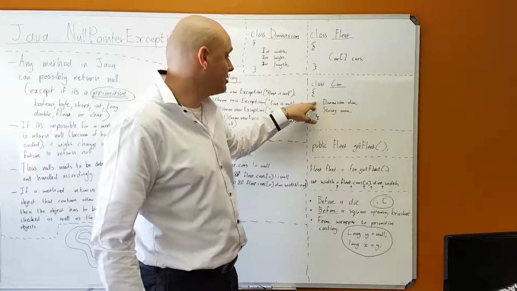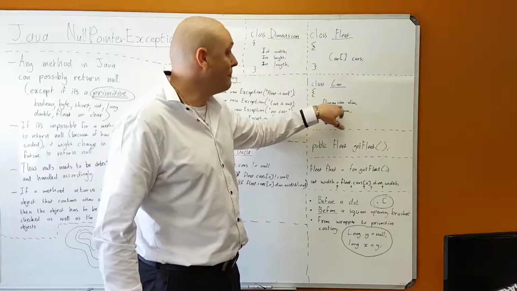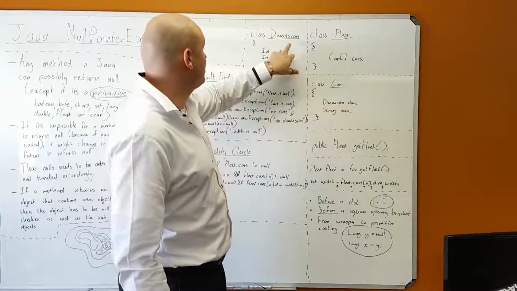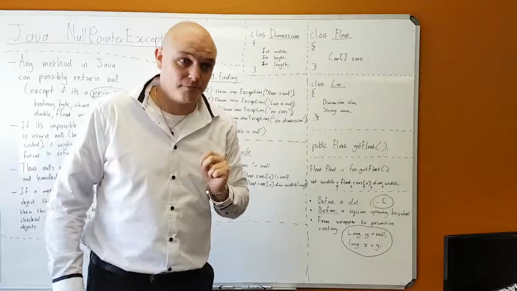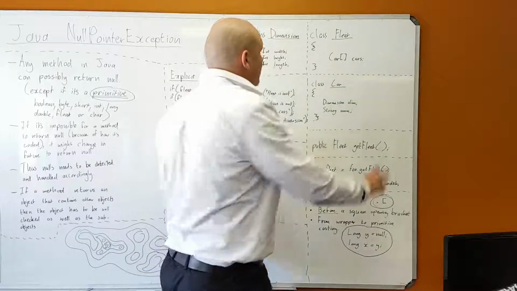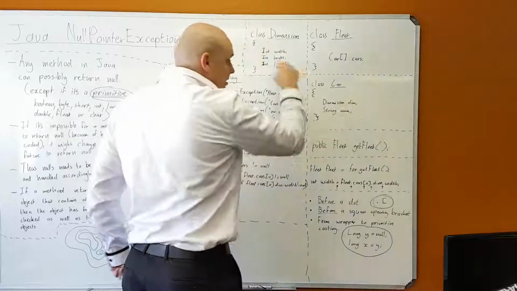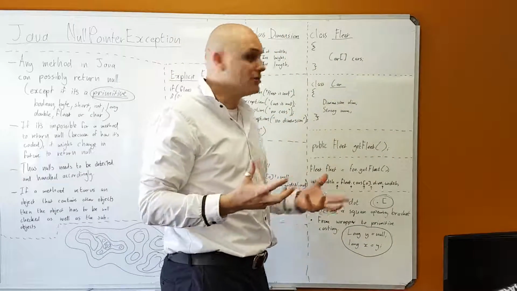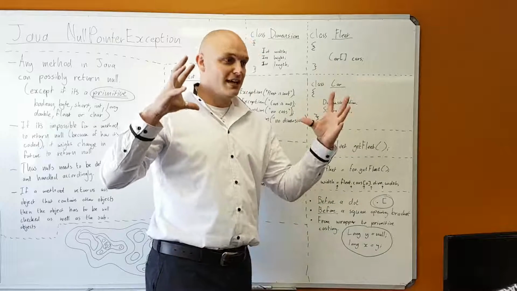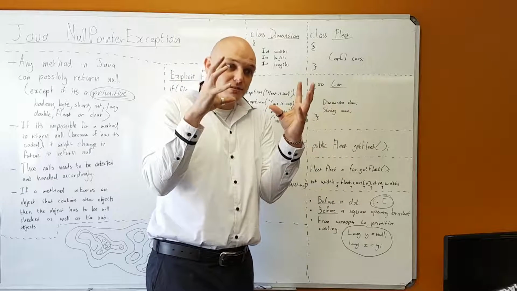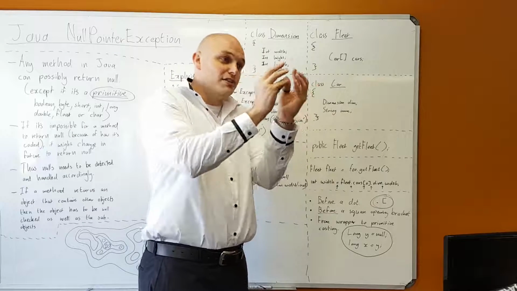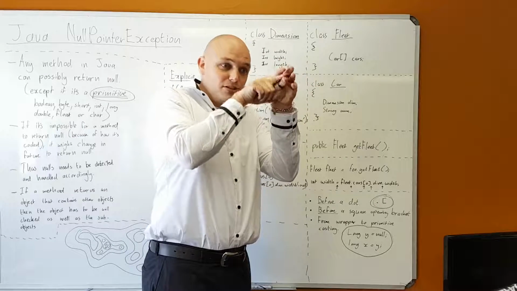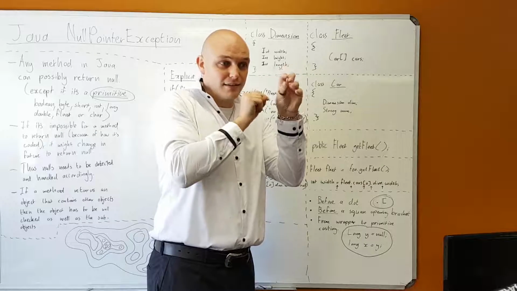Inside the car class there's another class called dimension, which has a width, height, and length. So these three classes reside inside each other. Fleet is a big class. Inside fleet there's cars, which is an array, so it's lots of cars. And inside each car there's a dimension, and inside the dimension is a width, a height, and a length.